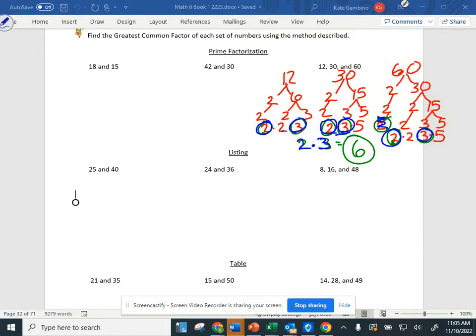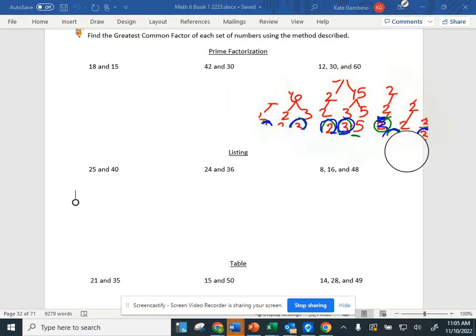As you circle it one time, write that number down. Then go back and circle for all the numbers again, and if you can't, don't write that number down. Did that answer your question? Okay. So they shared one 2, and they shared one 3. So 2 times 3 is 6. Greatest common factor of 6.